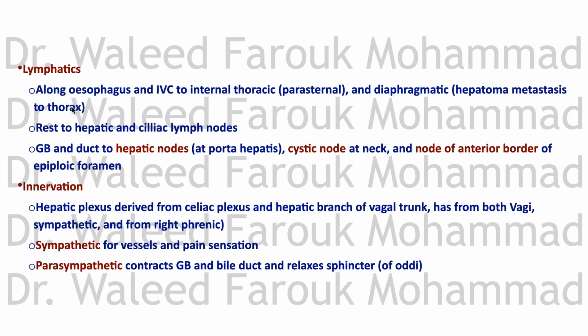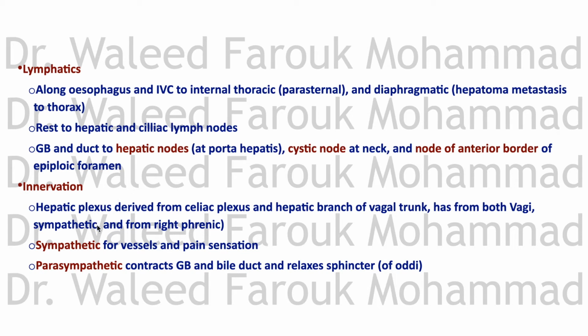The innervation of the liver, of course, is autonomic because it's a viscus. There's the hepatic plexus. Remember this, it is formed by the hepatic branches of the vagal trunks that we studied with the stomach, the anterior and posterior vagal trunks.